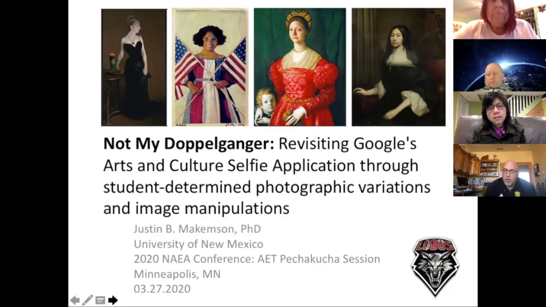It's a platform that uses facial recognition software, more specifically spatial and object properties, to find similarities between images posted through a mobile device, and then it suggests, with varying degrees of accuracy, artworks that are similar to it. So I wanted to say that while I had this first slide up, because these are several examples of my students' work. And with the Google Arts and Culture Selfie application, there were really two purposes to this project.